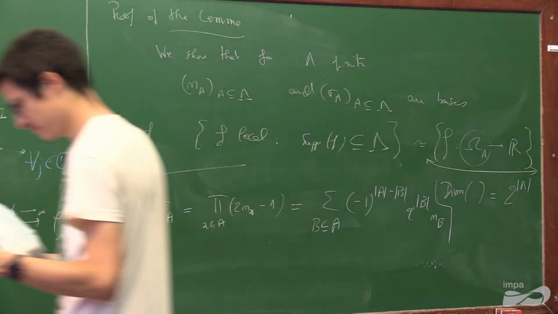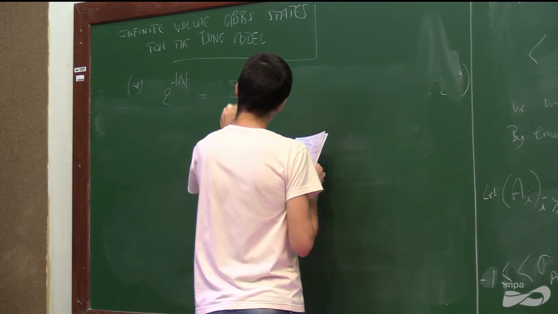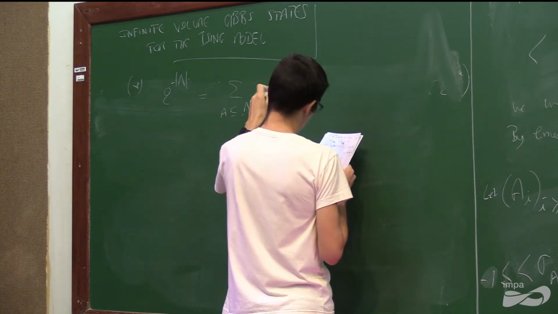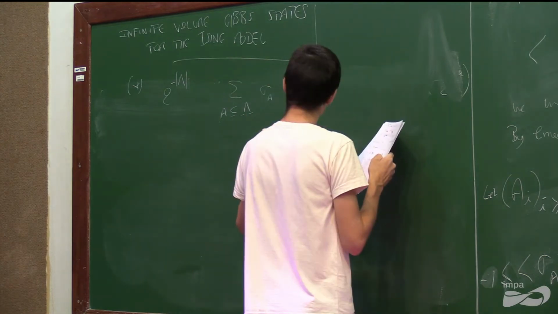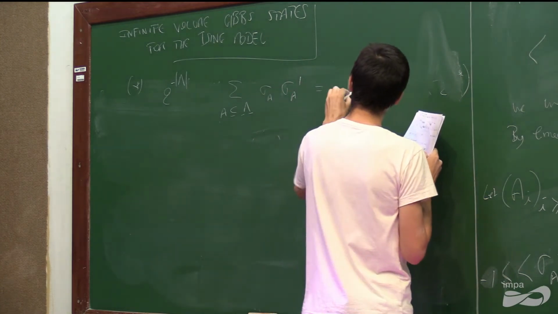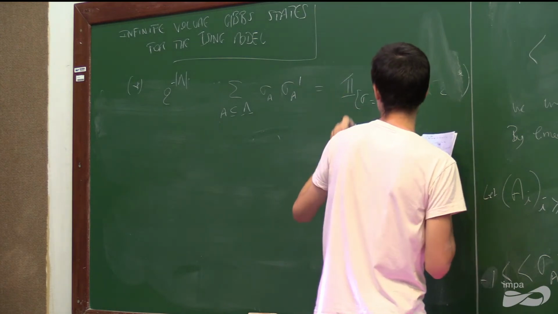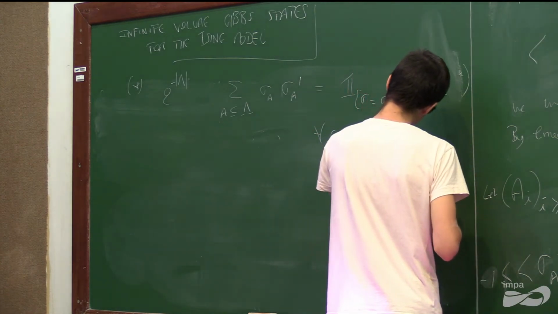I'm going to rely on an identity, which is the following. 2 to the minus lambda times the sum over all subsets A of lambda of sigma A sigma prime A is equal to the indicator of sigma equals sigma prime, for all sigma prime in omega lambda.